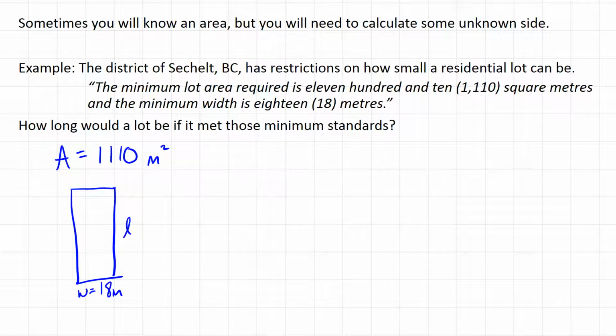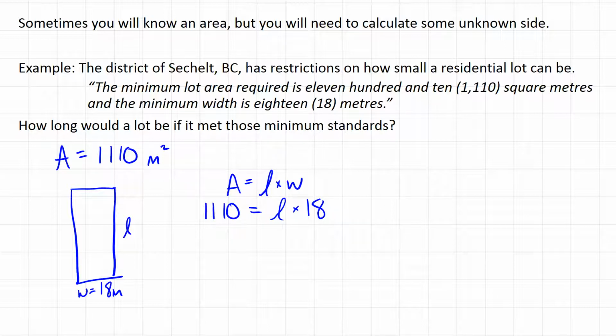Well, we'll start with the area formula for a rectangle. It's going to be length times width. And I know the area is 1,110. And I don't know the length, but I do know the width is 18. And so we have to do a little bit of algebra.